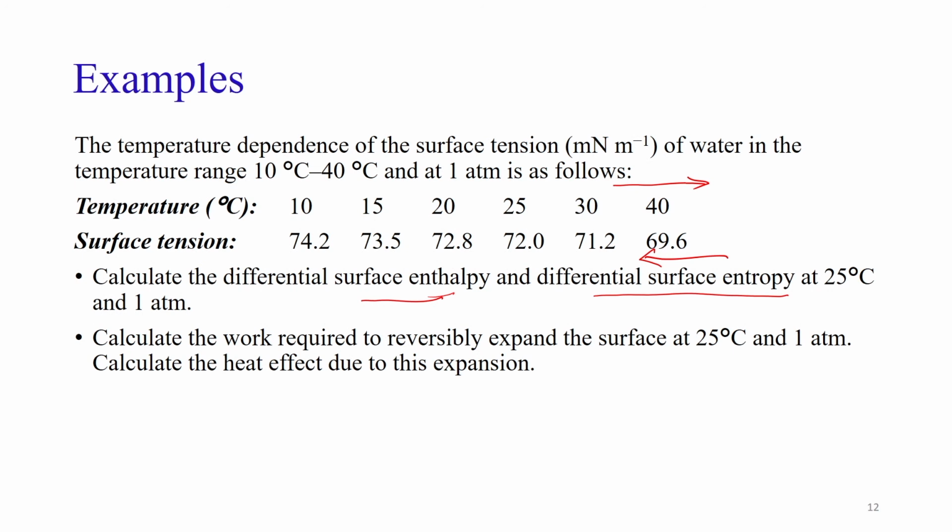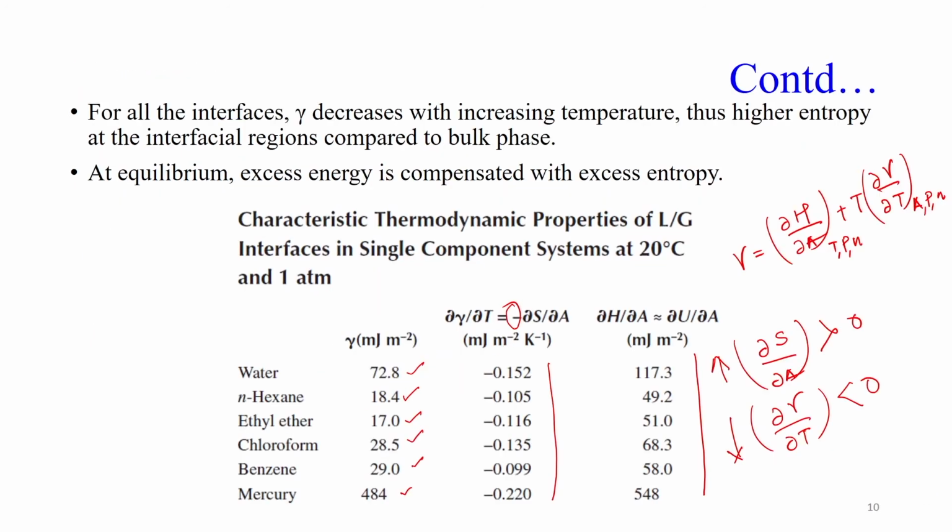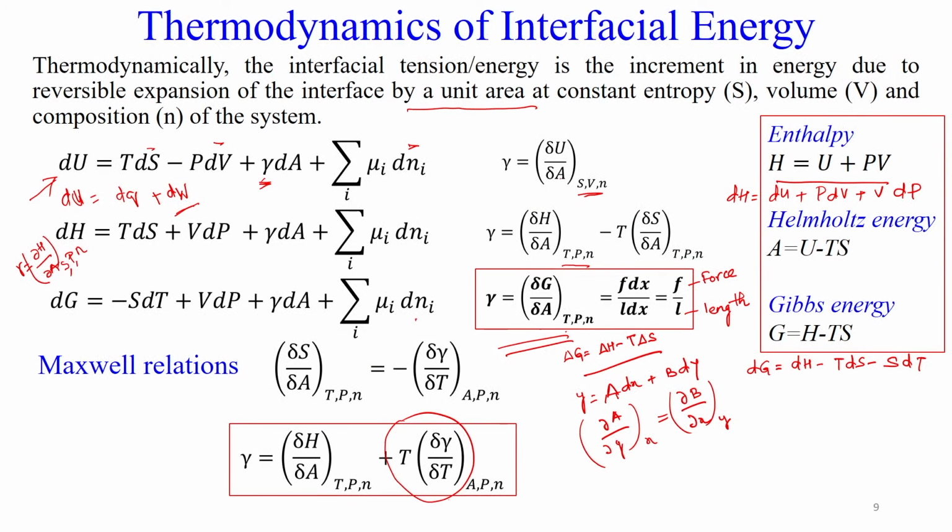So, if you remember the last exercise expression, what it says, the surface tension is a function of dH upon dA at constant T, P, n plus T times dou gamma upon dou T at constant area, pressure and composition.